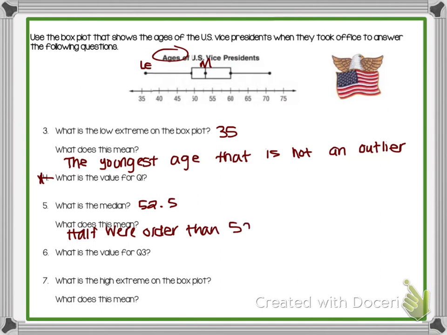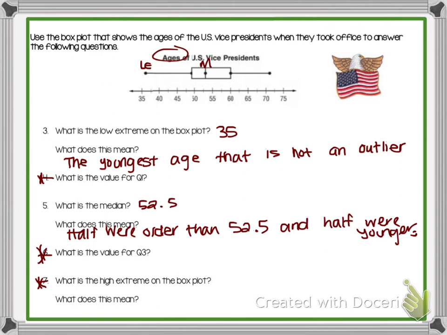That's the whole idea: half is more and half is less. Okay, you can find the value of Q3 and use the words that we used for the low extreme to help you answer number 7 with the high extreme, okay?